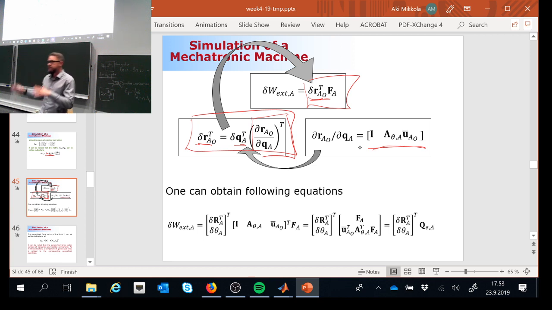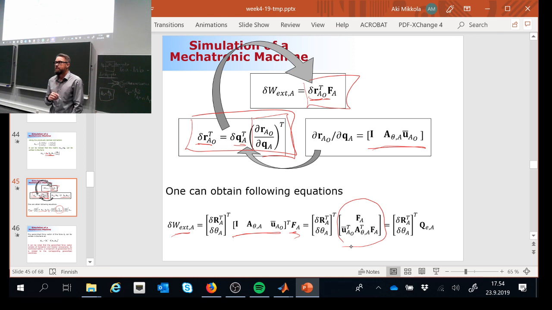Okay. So let's take an even bigger picture than that. Let's take a look what it means in terms of forces. I have here virtual work done by external applied force, and that force is the one that is expressed by using global coordinate system. Now I'm going to use this mapping matrix. Once I multiply the force with the mapping matrix, I will have a force that consists of three components.